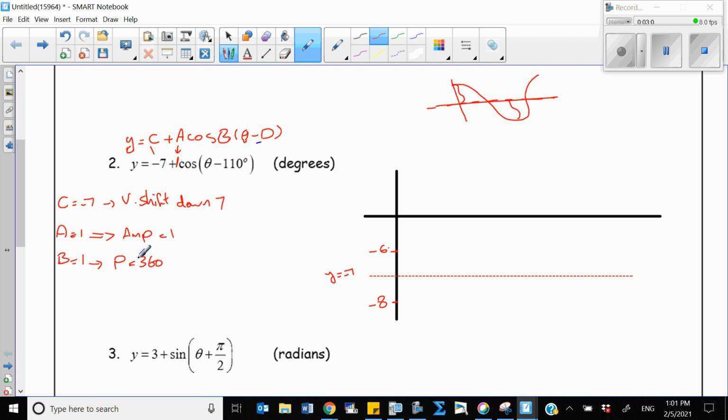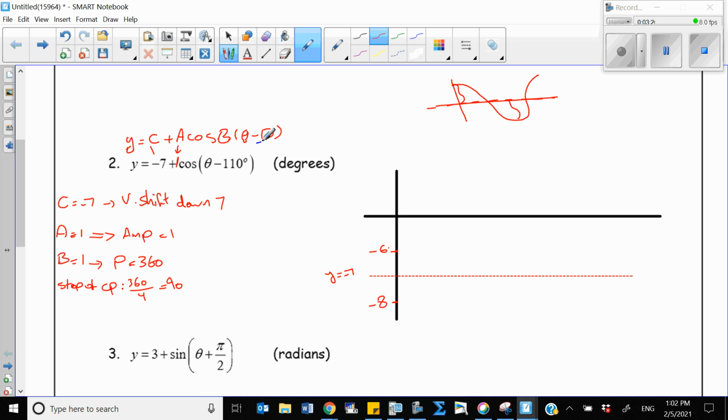And from this point, I'm able to find the steps between the critical points. You just divide 360 by 4, and it's equal to 90. So 90 is the step, or the distance, between my critical points. I'm going to find the critical points later.